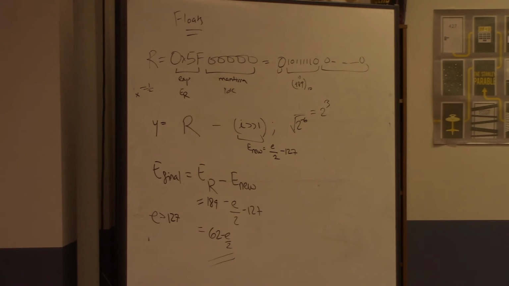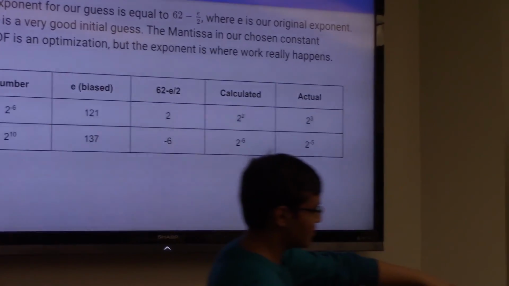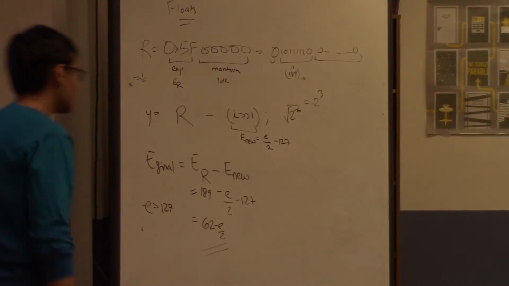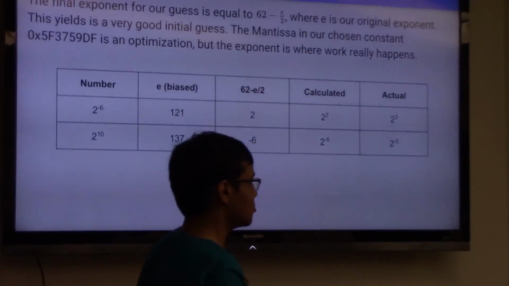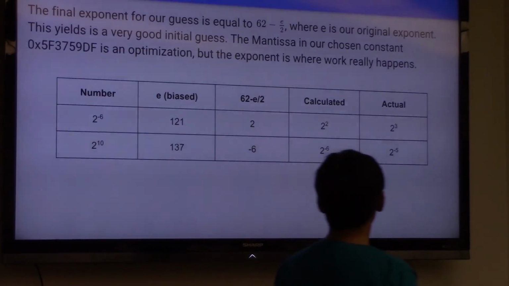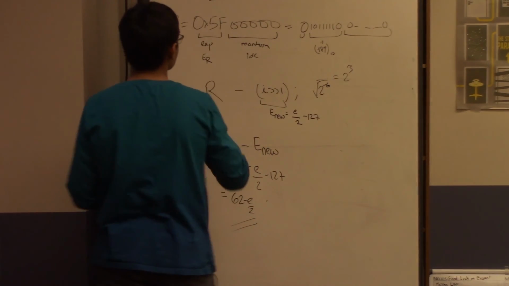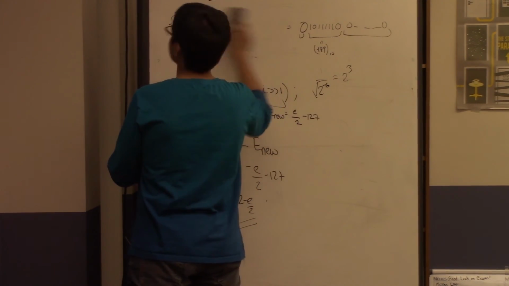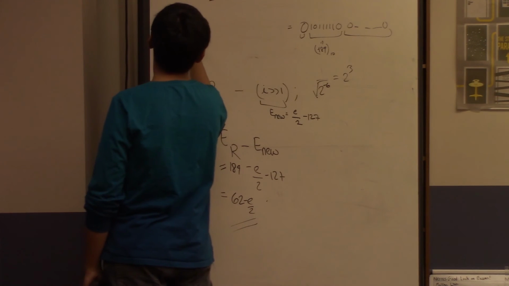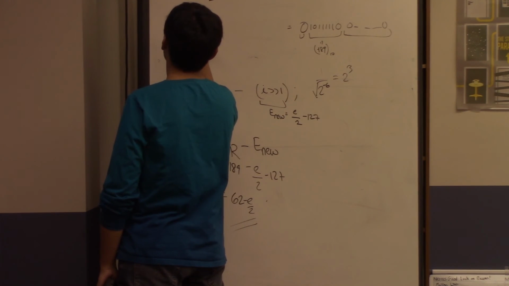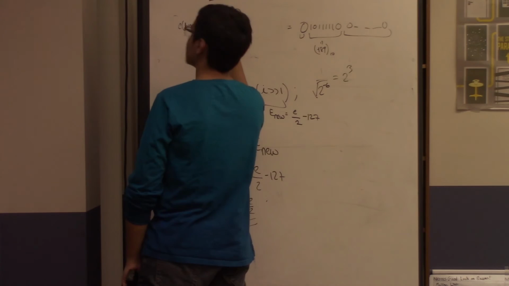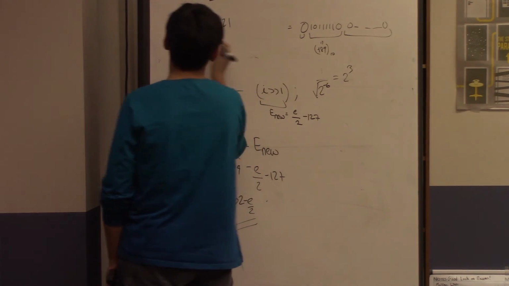So our E biased, that's what that is. This value right here is 2. That's what we have. So it's 121, and then we just go, I guess I could erase this here. E biased is equal to 121.